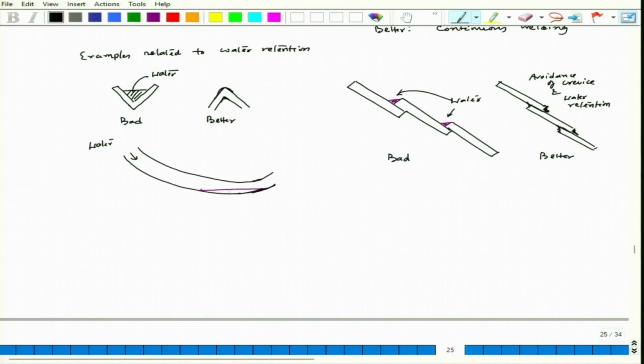The pipeline will be emptied out, but in this portion some water will be left out. So this will also lead to corrosion. If we have a slope in a pipeline, that slope should be continuous, and there should not be a bend like this, which is bad. This is a bad situation. The better situation would be a straight and continuous slope. So this is better. The water retention problem can be avoided to a great extent.